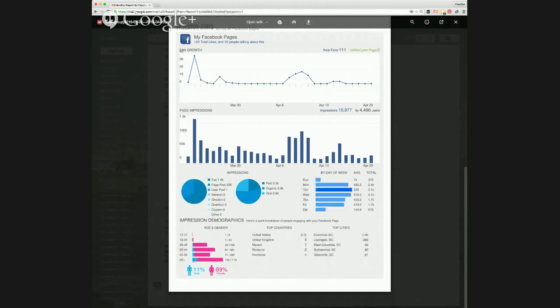Now down here in the last section, this is really neat and interesting information because this tells you, based on people on Facebook who are coming and interacting with your page, the breakdown, for example, of the people that you're reaching the most. The demographics are those that are ages 55 and older.